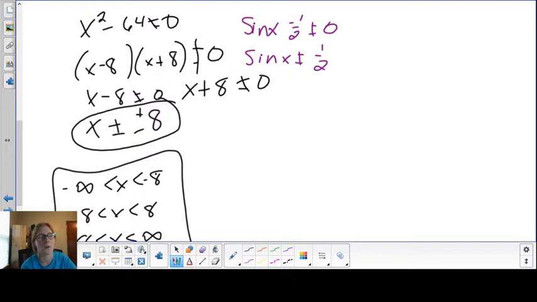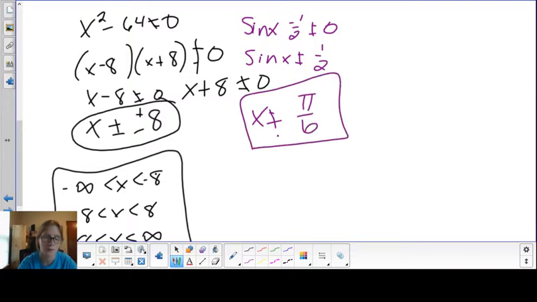And with these, I want the radians. Not the radicals. Why can't I think of the word radian? Because radical and radian start the same way, and that's what I was thinking. So I notice that happens at my 30 degrees, and that's when x is pi over 6, so I do not want x to be pi over 6.